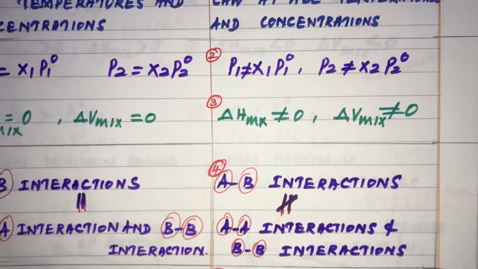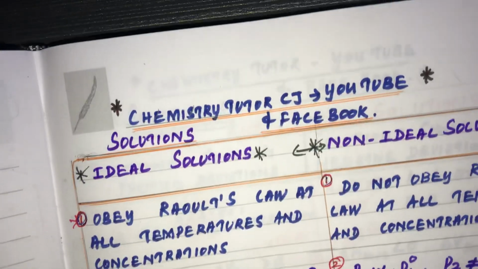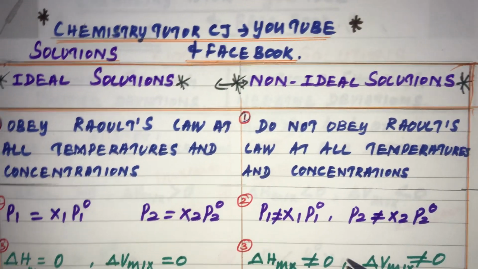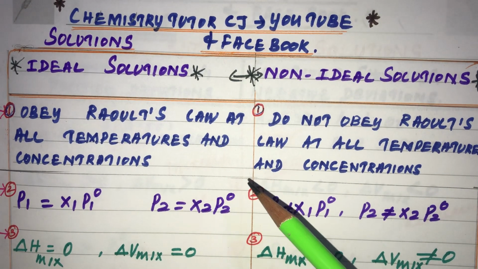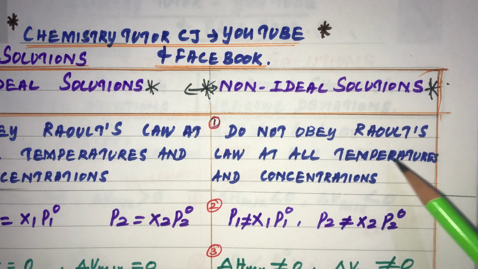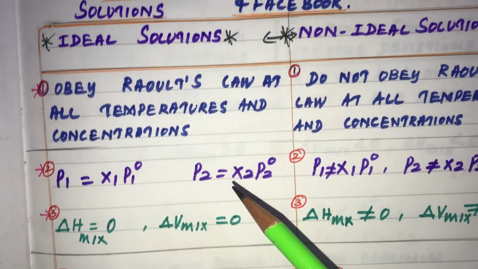So now we are going to see the comparison of the properties of ideal and non-ideal solutions. Ideal solutions obey Raoult's law at all temperatures and concentrations. Non-ideal solutions do not obey Raoult's law at all temperatures and concentrations.